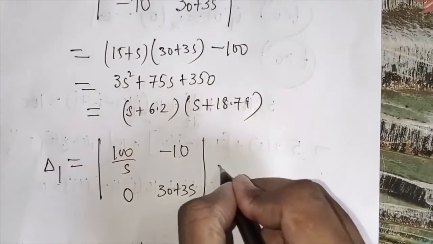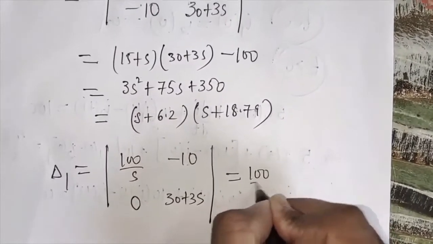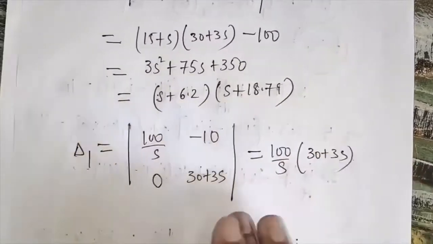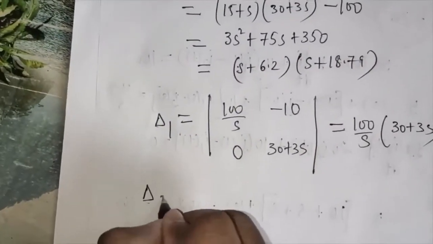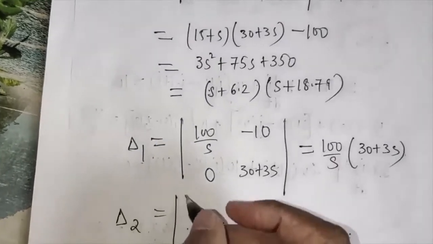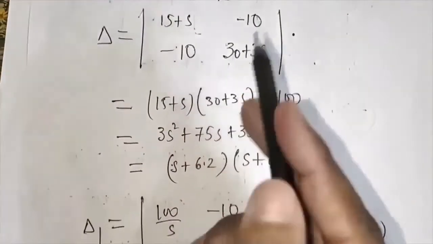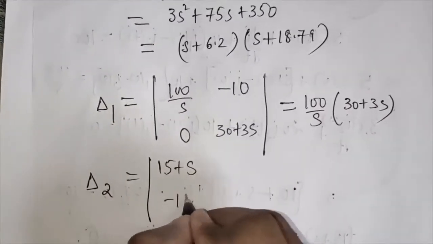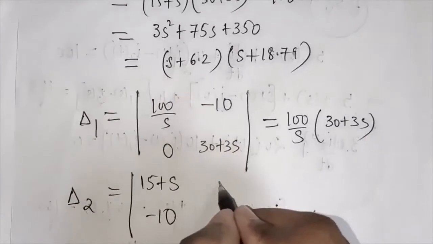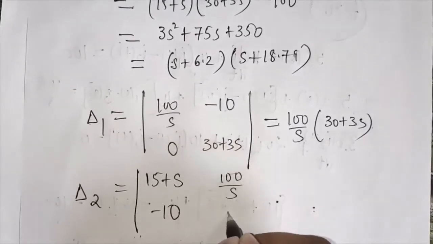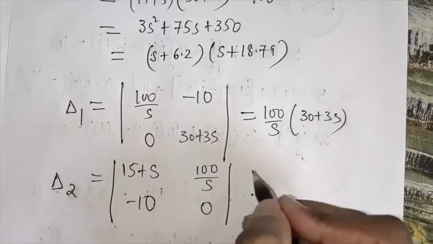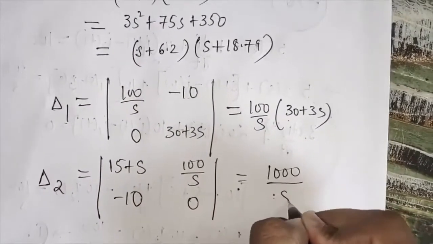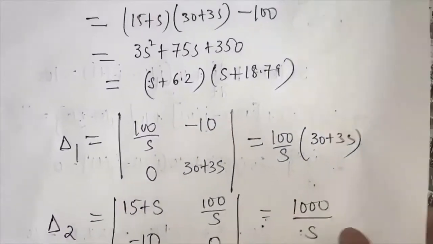Cross multiplying, I get 100 by s into 30 plus 3s. For delta 2, the first column remains 15 plus s and minus 10, and the second column is replaced by 100 by s and 0. Cross multiplying, I get 1000 by s.